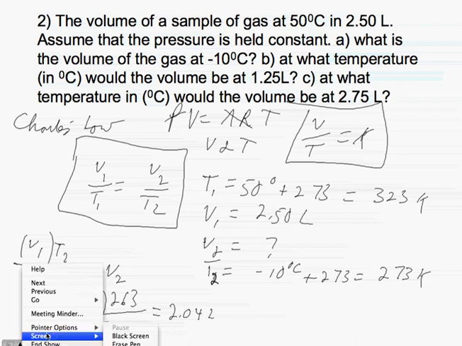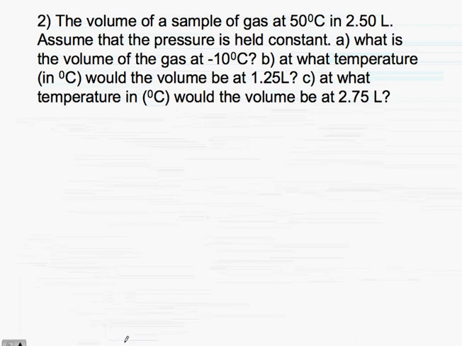Okay, let's look at part B of this question. Part B says, at what temperature in degrees Celsius would the volume be 1.25 liters?